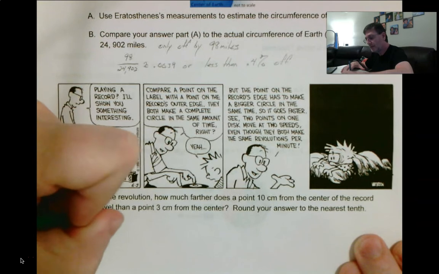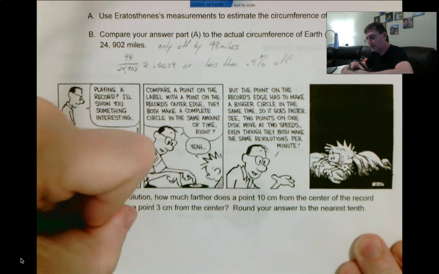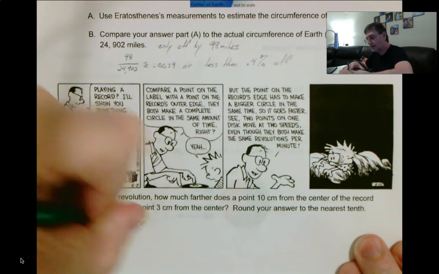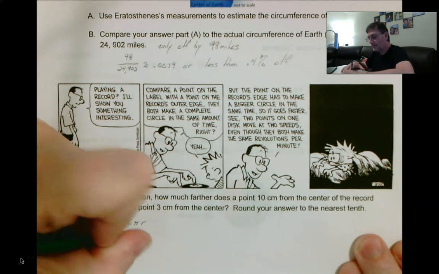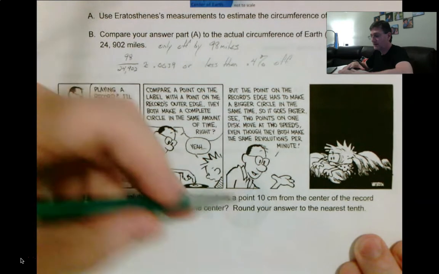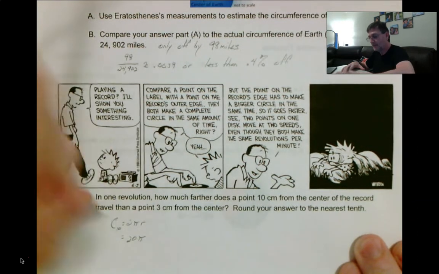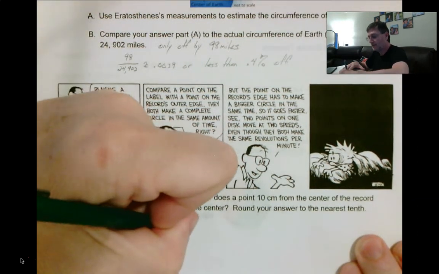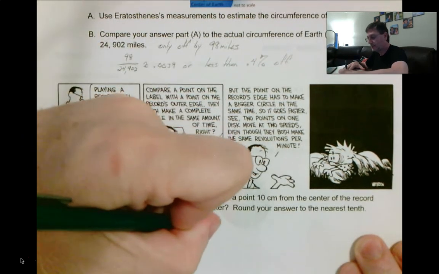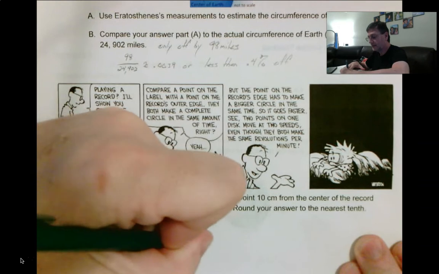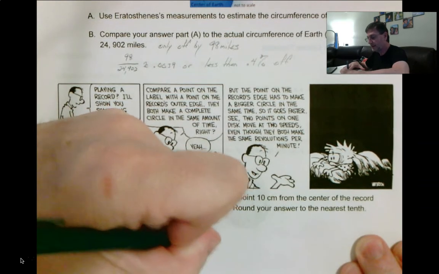C equals 2 pi r, so 20 pi for the 10 centimeter circle, and the circumference for the 3 centimeter circle is, again, 2 pi r. This is equal to 6 pi.